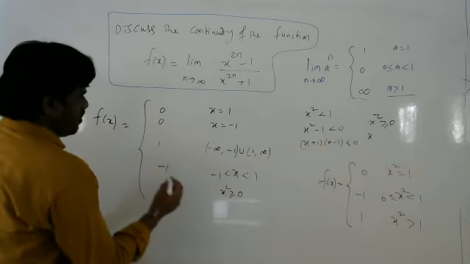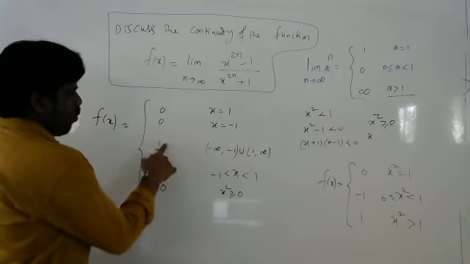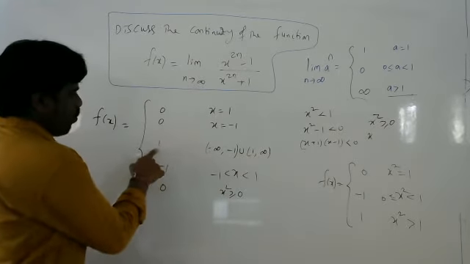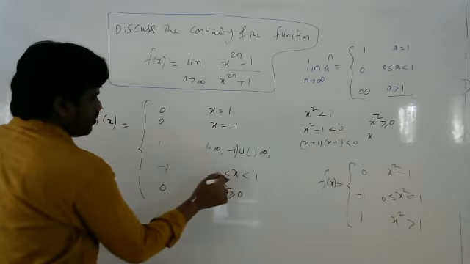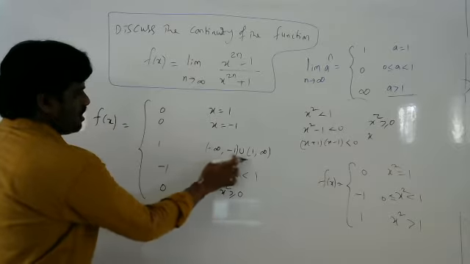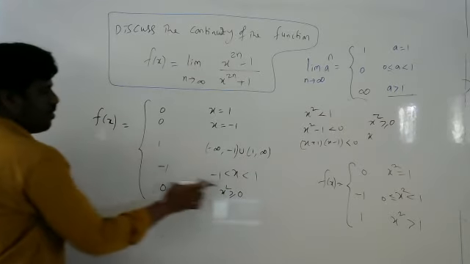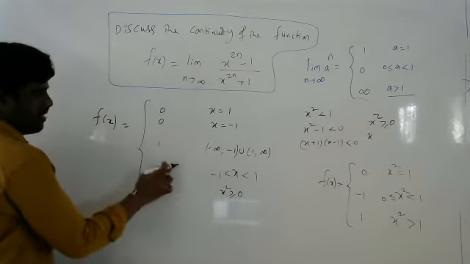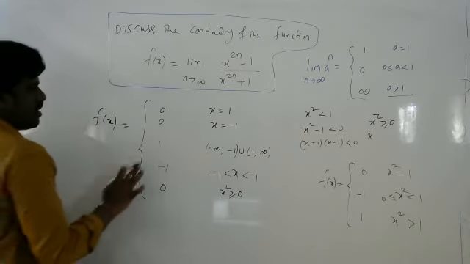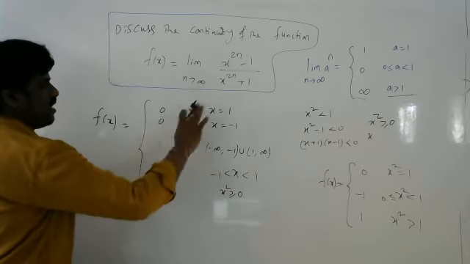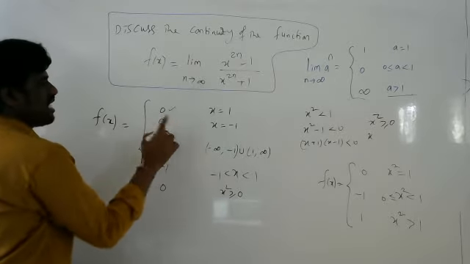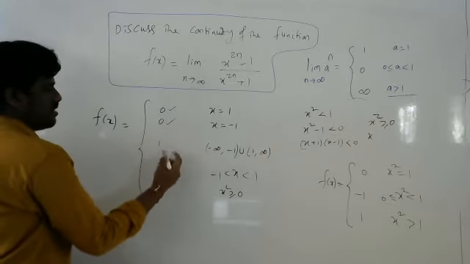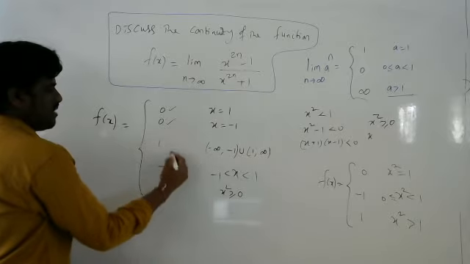Check it here at 1. At 1, you can see 1 plus: in this branch you are going to get 1. 1 minus, you are getting minus 1. So 0 plus is right continuous; at 0 it is right continuous, and at 1 and minus 1 it is discontinuous.